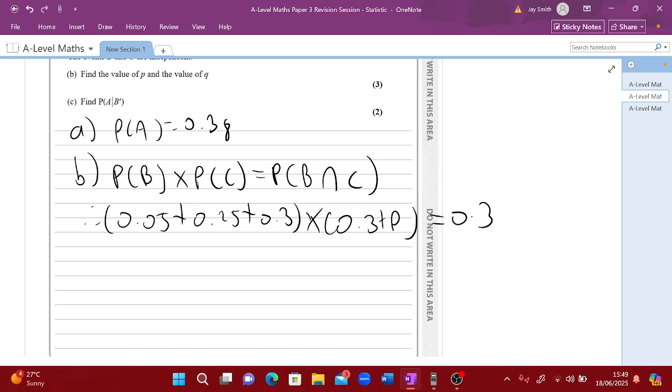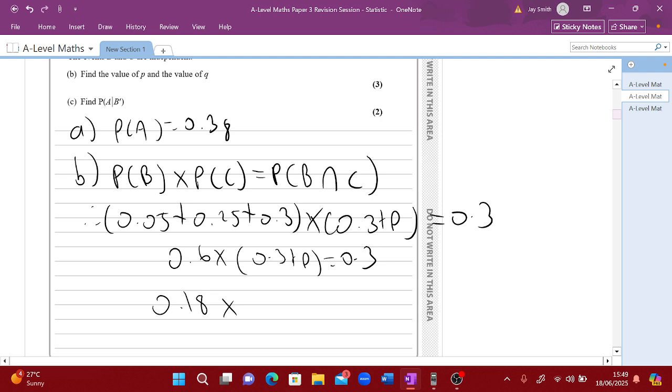So let's just simplify this bit. 0.05 add 0.25 add 0.3 would be 0.6, times 0.3 add P, is 0.3. So let's expand the bracket. 0.6 times 0.3 would be 0.18, plus 0.6P gets us 0.3.